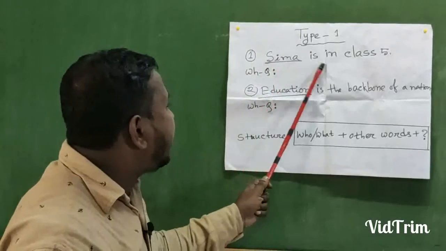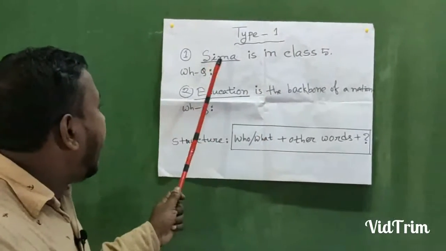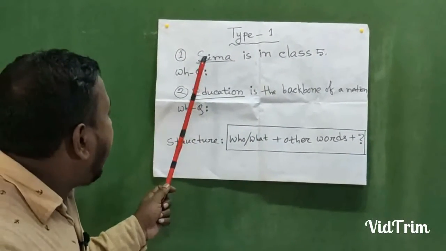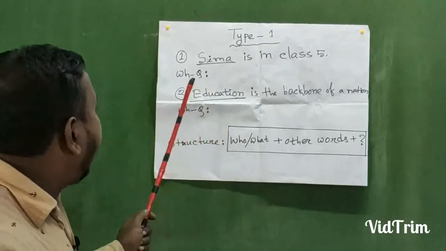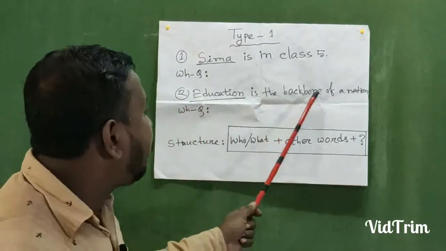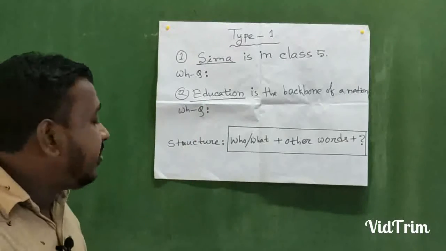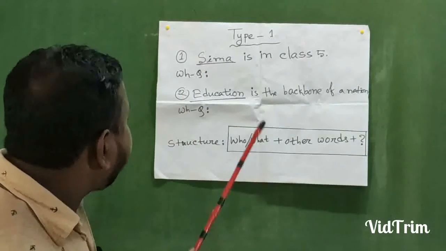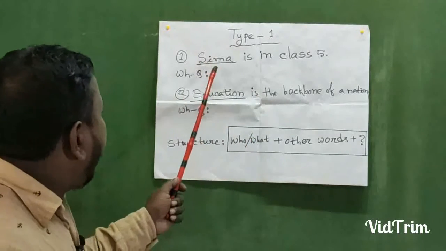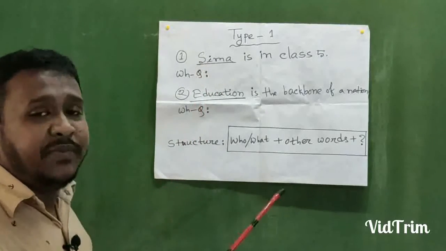First sentence: Shima is in class 5. Here, Shima is underlined. Another sentence is: education is the backbone of a nation. Education is underlined. You can see the underline is under the subject.